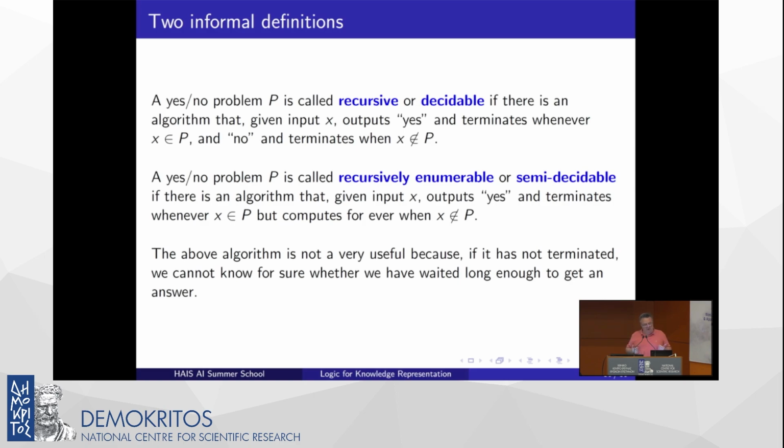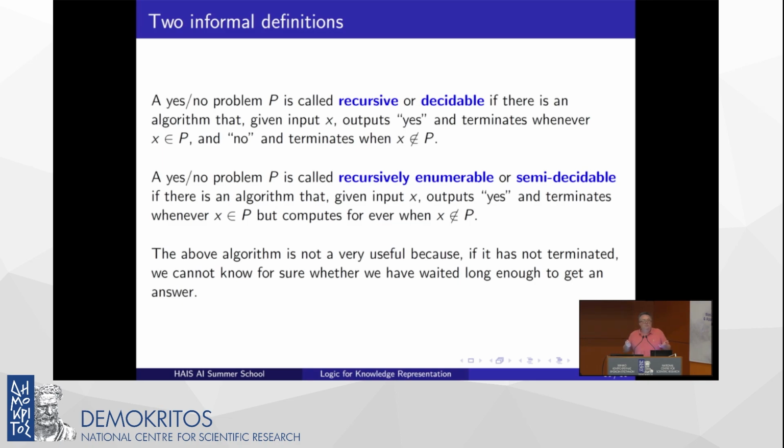In life, you also have problems that are semi-decidable or recursively enumerable. In that case, there is an algorithm that when you give it an input X, it outputs yes and terminates whenever X belongs to P, but it may compute forever when X doesn't belong to P. So essentially the algorithm keeps working, and it hasn't given you an answer.